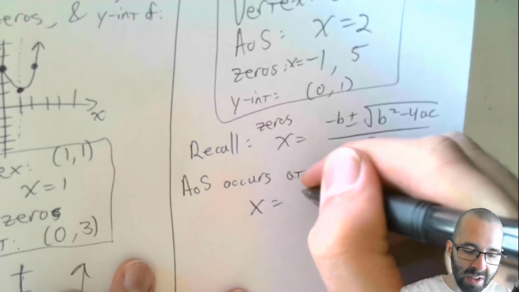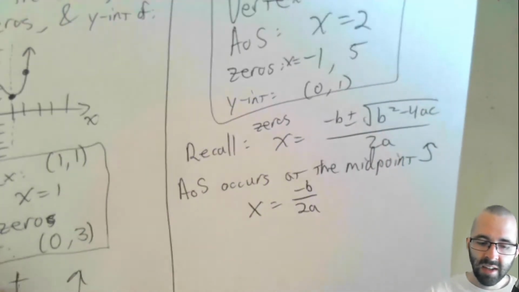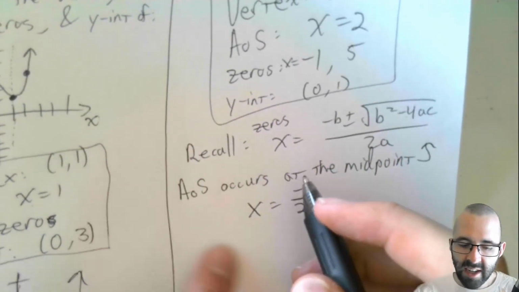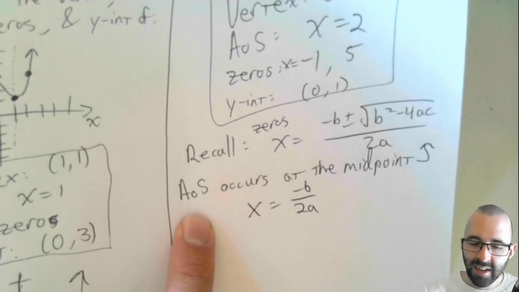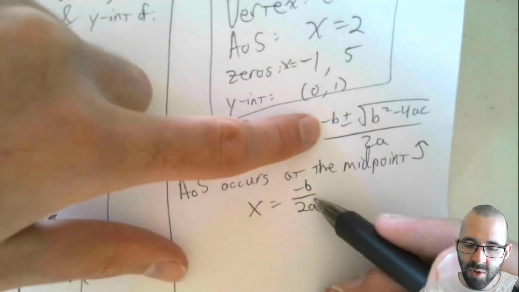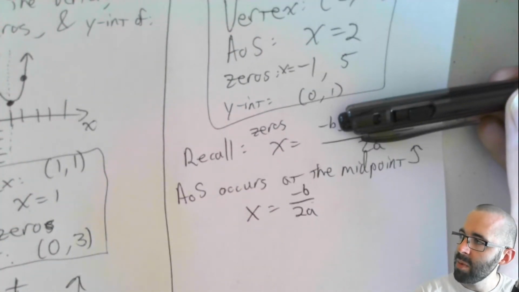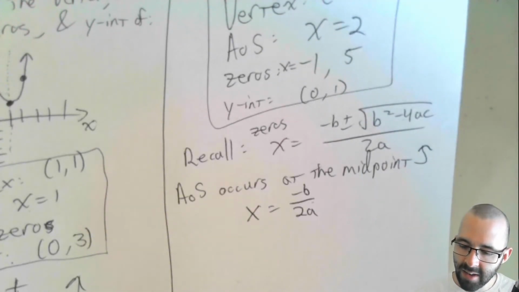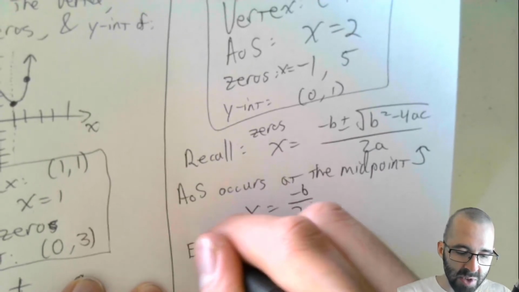It's going to be x is equal to negative b over 2a. So again, we're in this section. We're going to use this formula to find the axis of symmetry and the vertex. It's just the quadratic formula without the square root. Negative b over 2a. All right? Let's use it. Example 2.